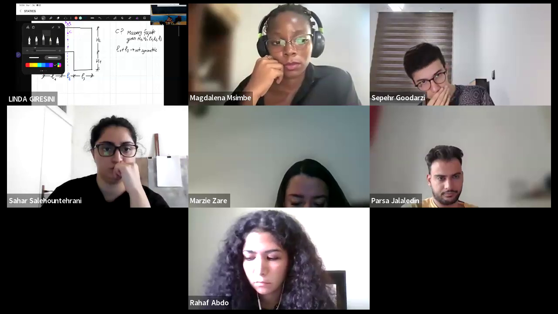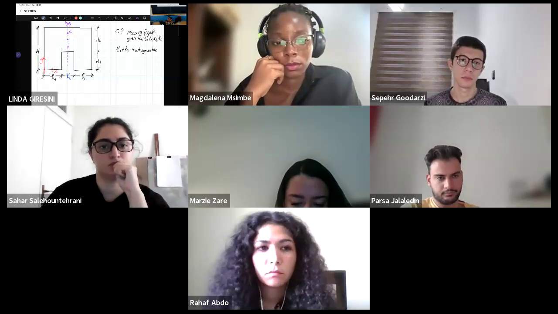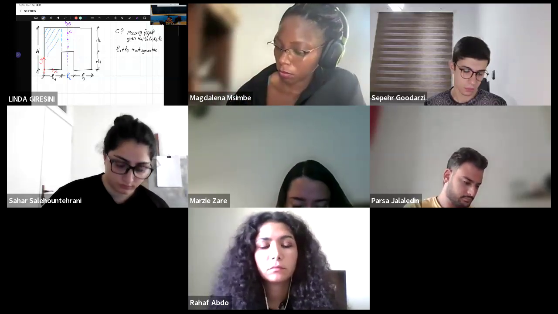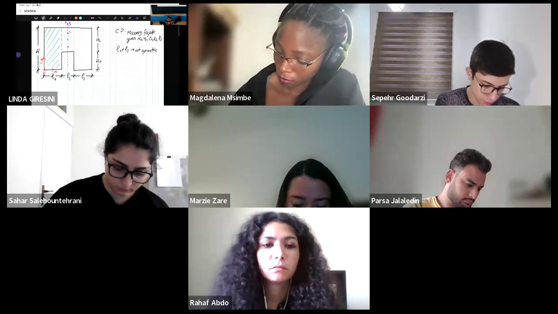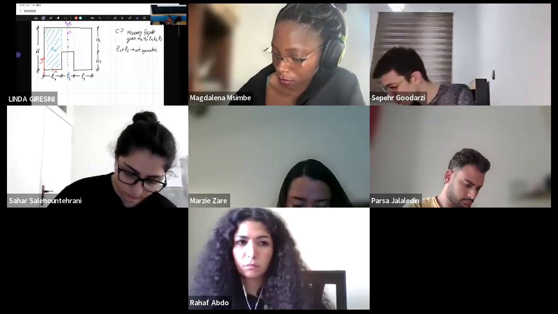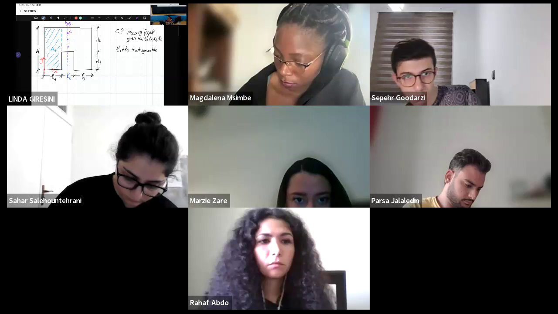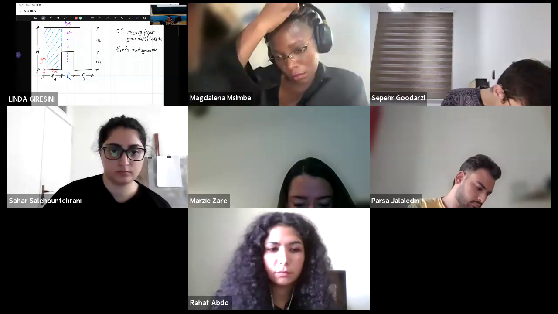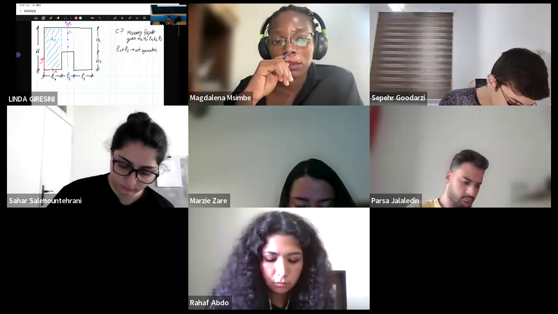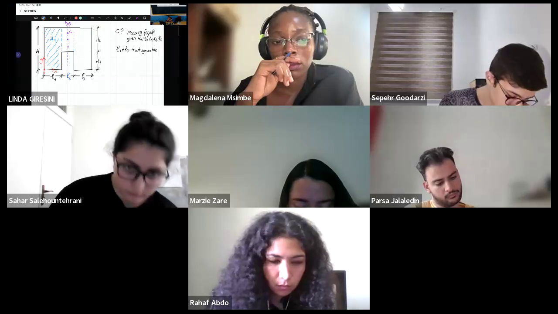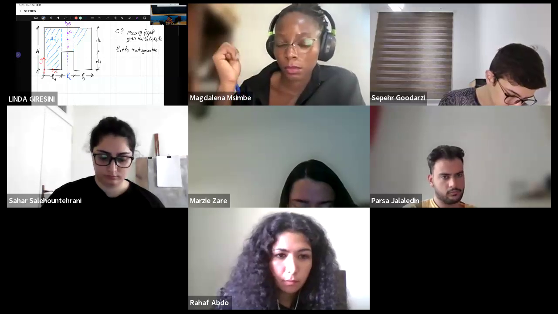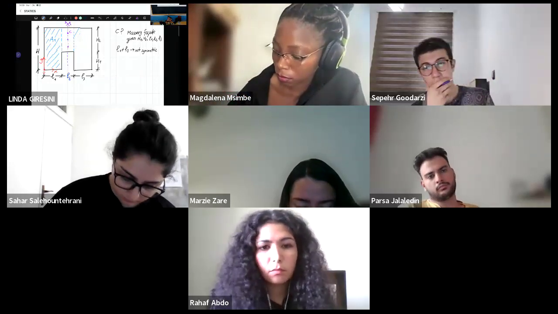So look, we can see this shape as composed of three areas. One is this one, area 1, A1. The second one is, oh, let me see. The third one is A3. Let me use another color, okay?